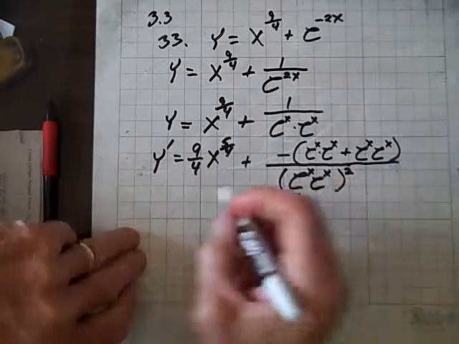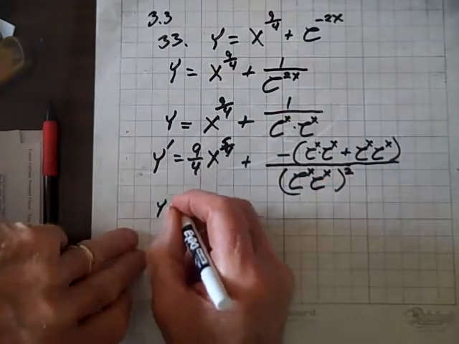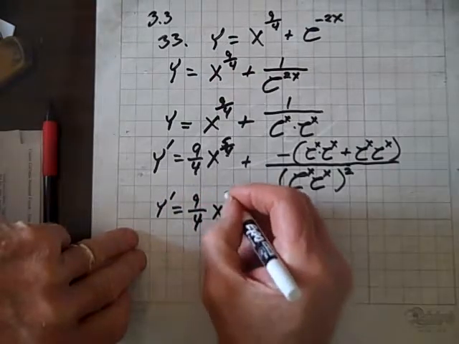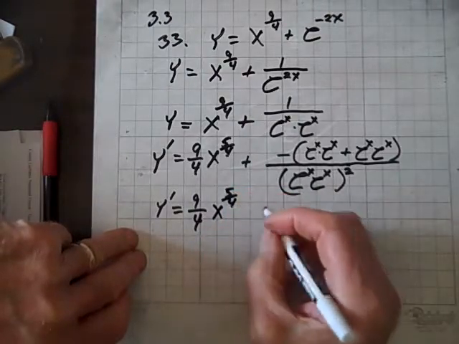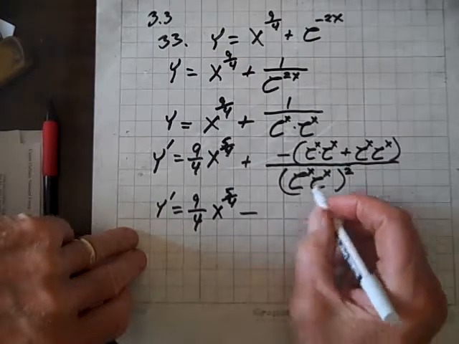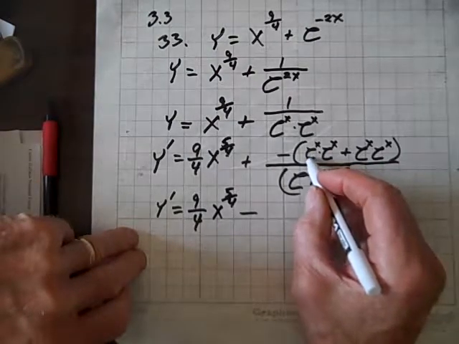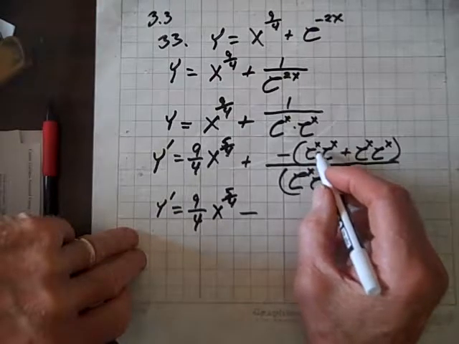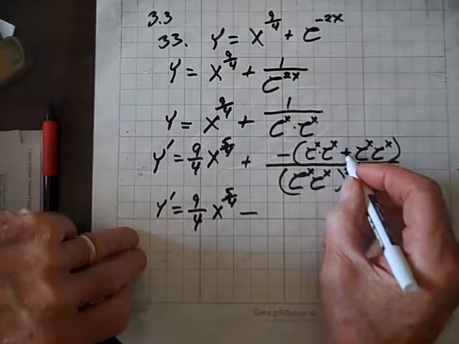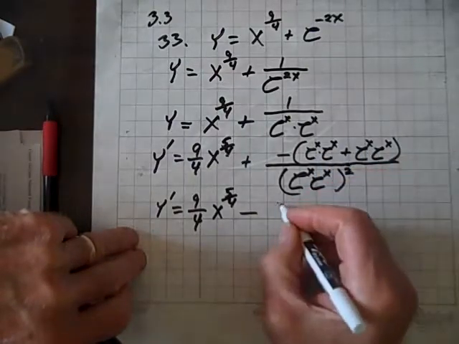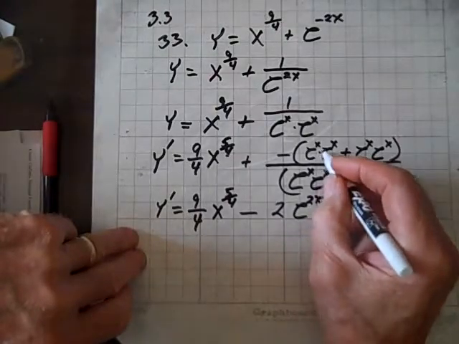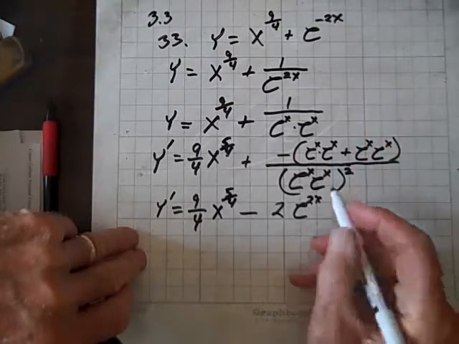We have to simplify. Okay, so we get y prime equals 9/4 x to the 5 over 4 minus, a positive times a negative is a negative, and that's 2 e to the 2x, because when we multiply these we add exponents, and we've got 2 of these, so we have 2e to the 2x, because this is e to the 2x, that's e to the 2x, we have two of them.